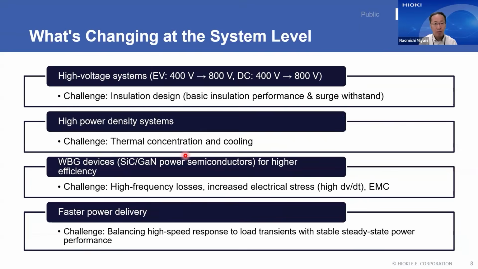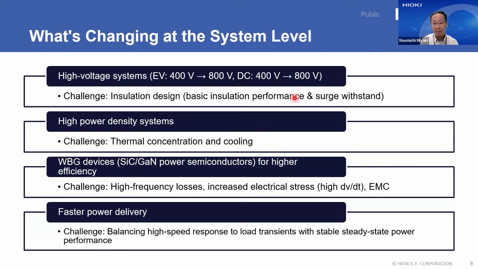So there are four changes happening at the system level. The first one, a higher voltage system. Both EVs and data centers are transitioning from 400 volts to 800 volt architectures. In EVs, the push is driven by charging efficiency and weight reduction. In data centers, NVIDIA has proposed 800 volt architectures for more efficient power transmission.